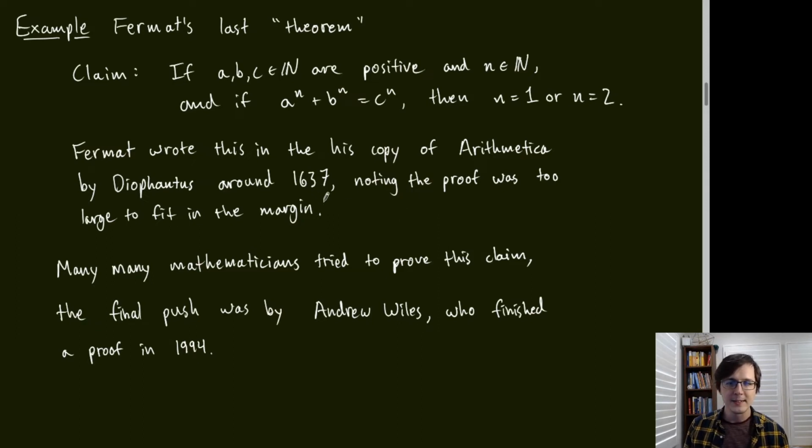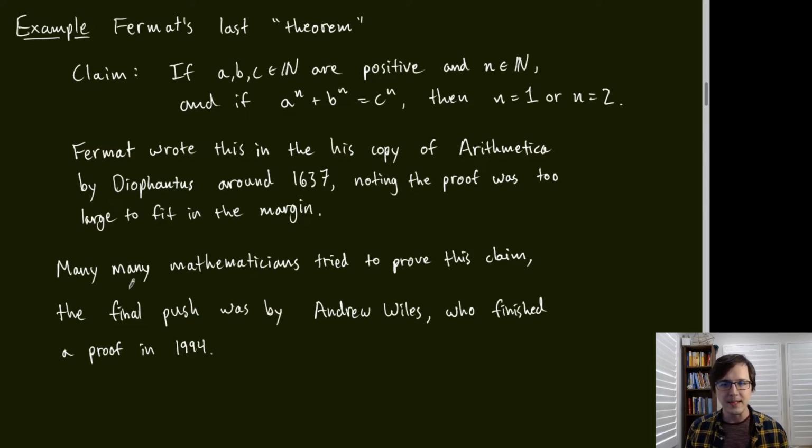So over the course of 350 more years, mathematicians tried to uncover that proof, unfruitfully for a very long time, which makes it seem apparent that maybe he really didn't know how to prove it.